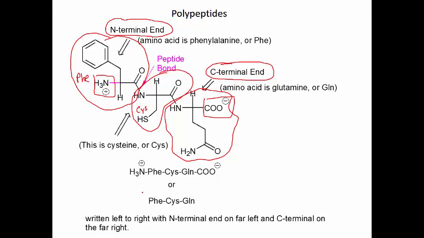However, in conventional protein nomenclature, you just write it from left to right, where the left side amino acid is the N-terminal and the right side amino acid is determined to be the C-terminal end. So we write it left to right, N-terminal to C-terminal.